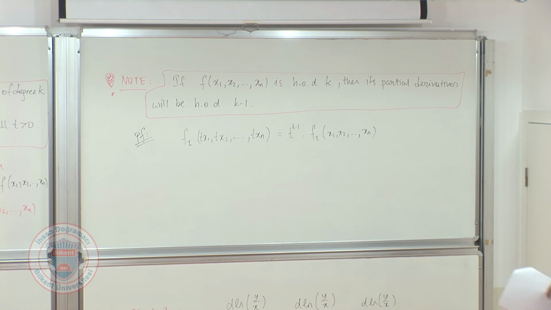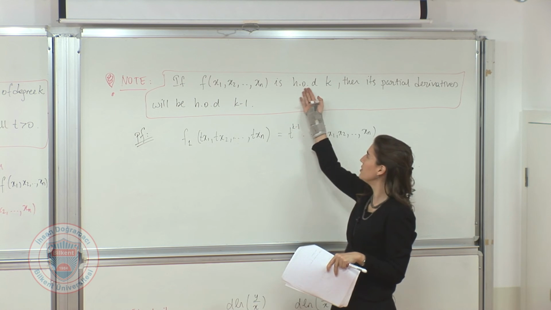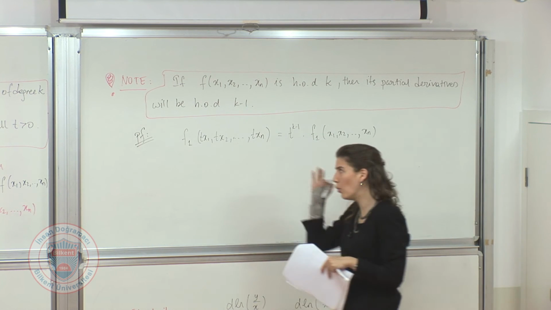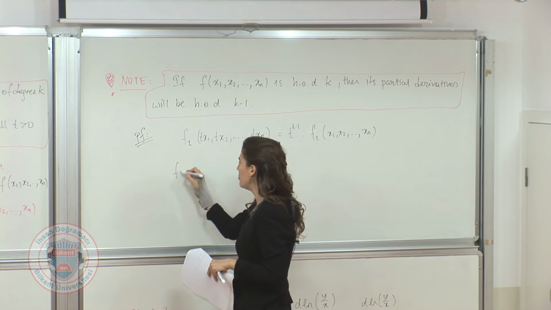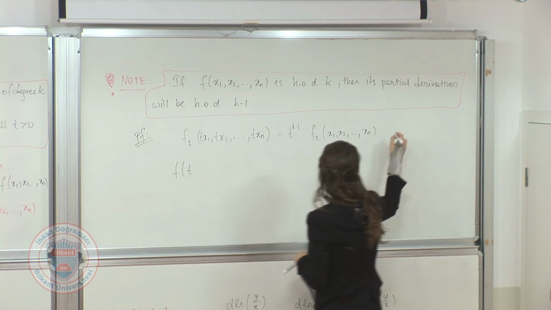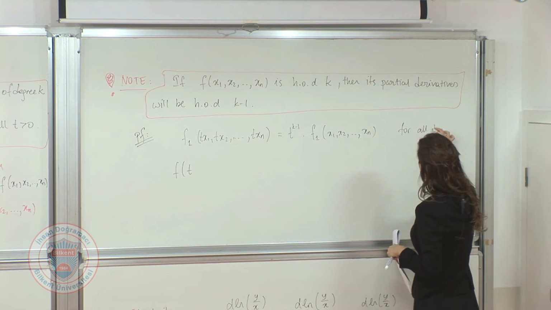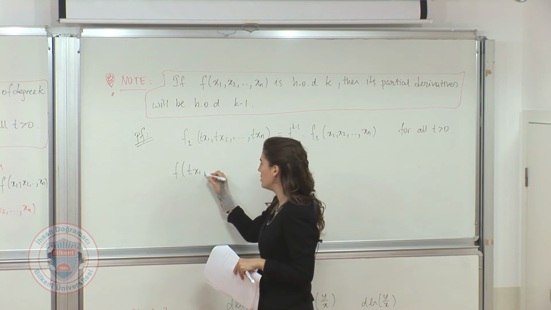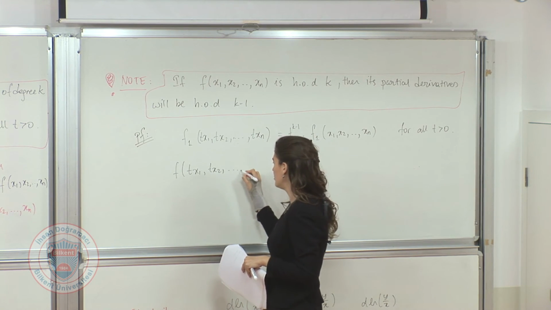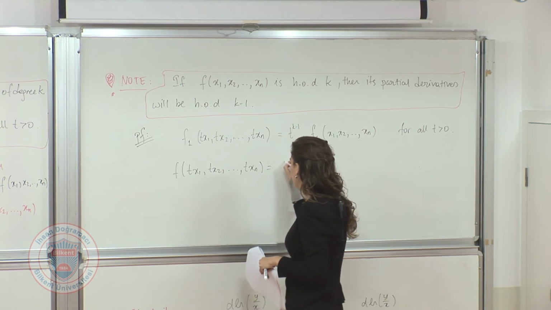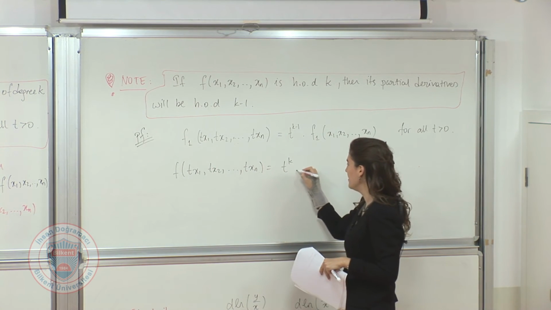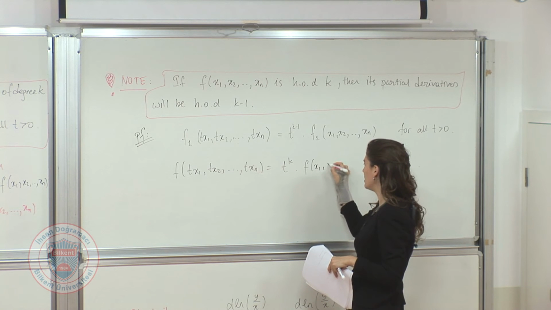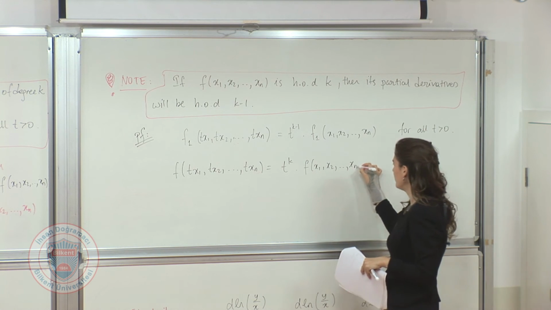Now, how are we going to prove this? Let's use the definition of homogeneity of the original function, which we know. For all t greater than 0, f of t x1, t x2, t xn is equal to t to the power k times f of x1, x2, xn.